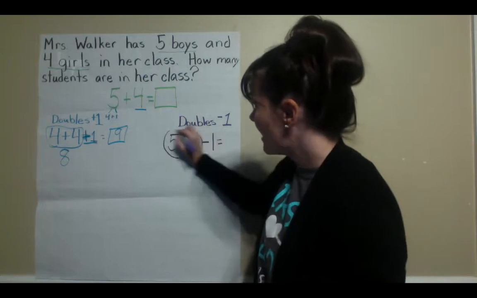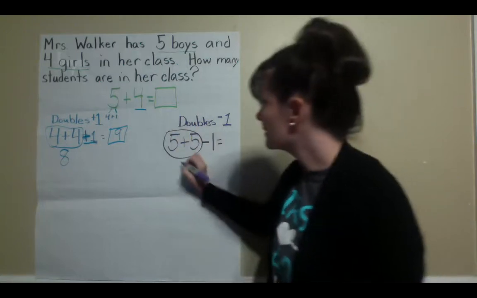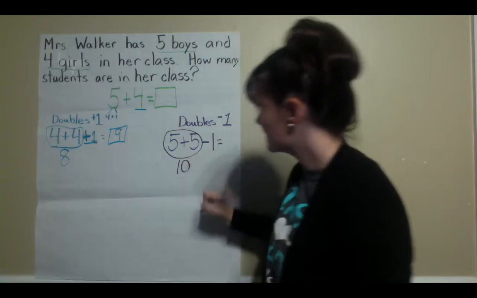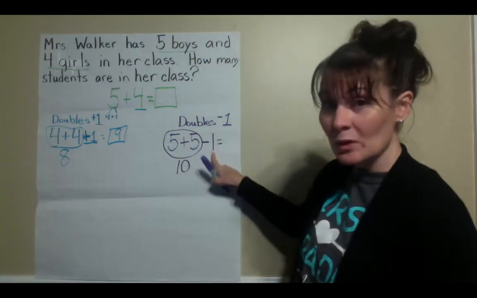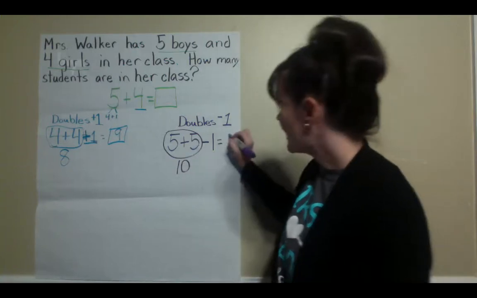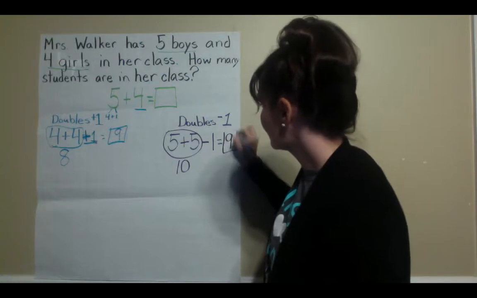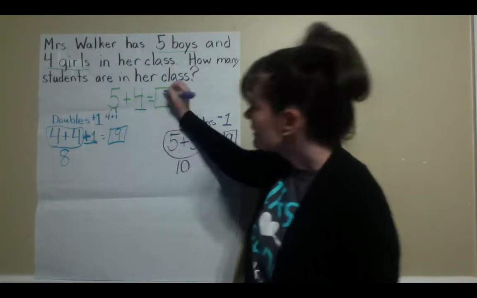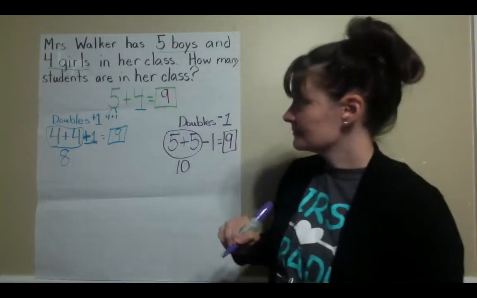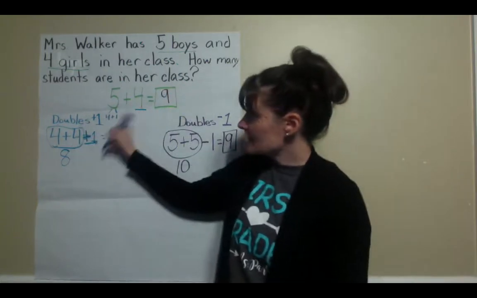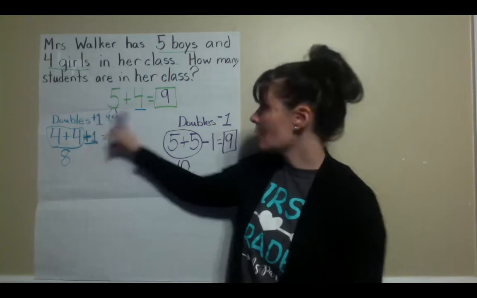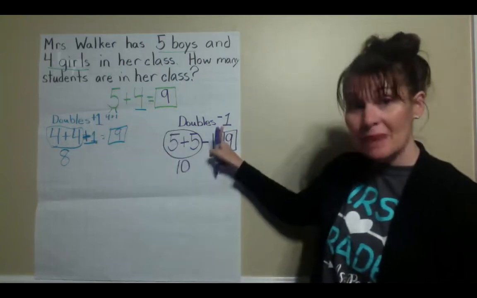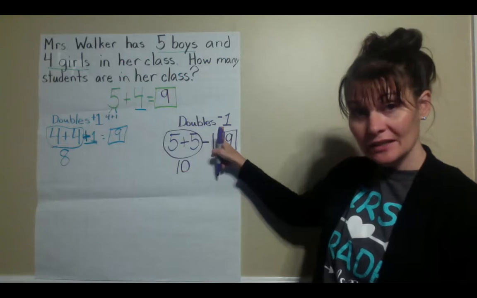I know that 5 plus 5 is 10, and minus 1, that's right, would be 9. So 5 plus 4 is 9. I can use my doubles and add 1, or I can use my doubles and minus 1. Great thinking, guys.